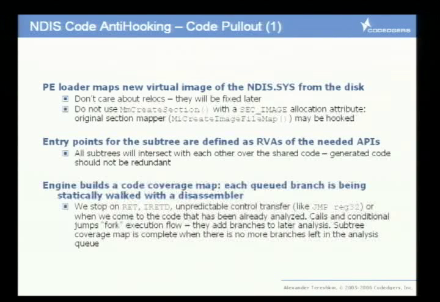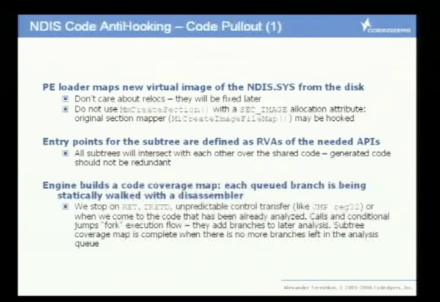When we walk them, we will stop on unpredictable control transfers like jmp reg32, or any kind of returns like ret, iretd.